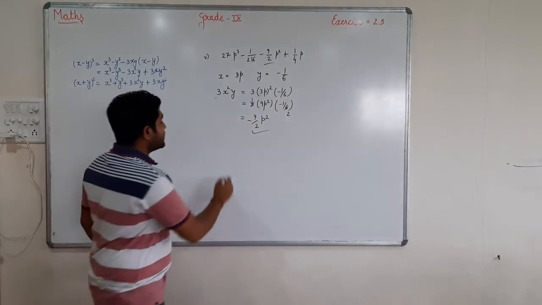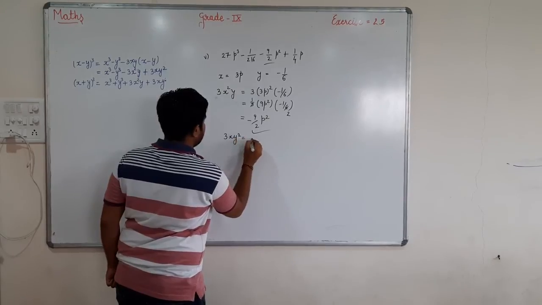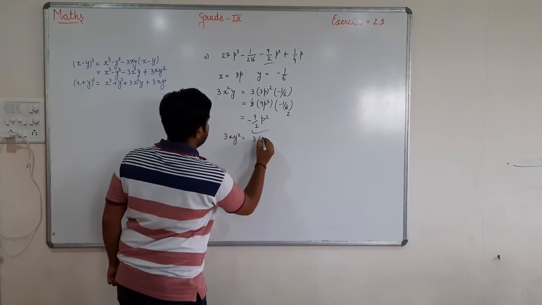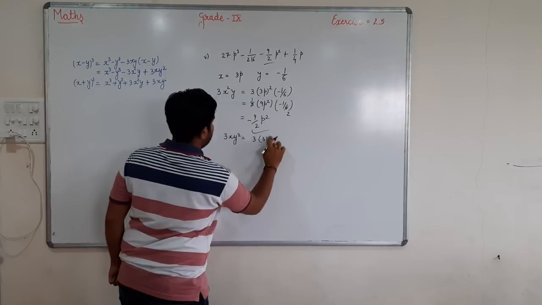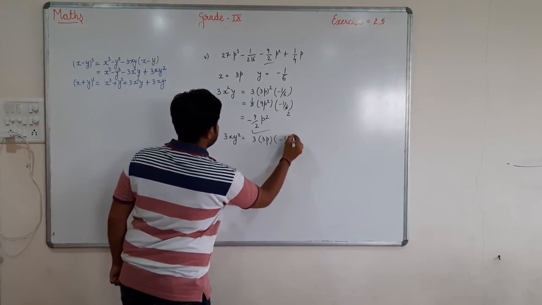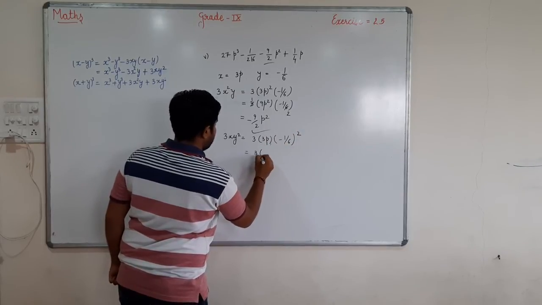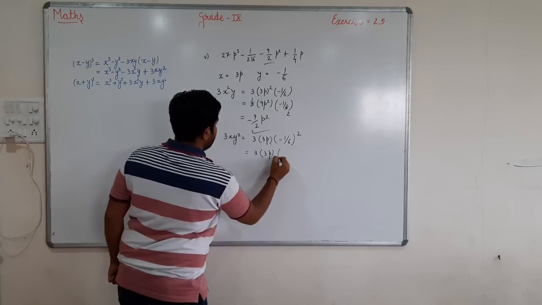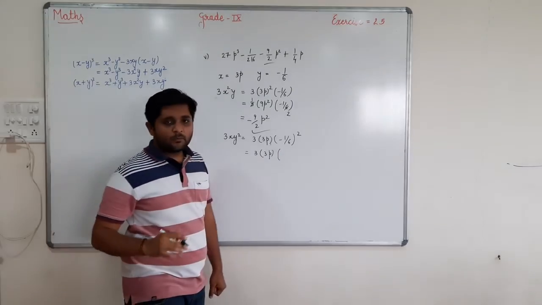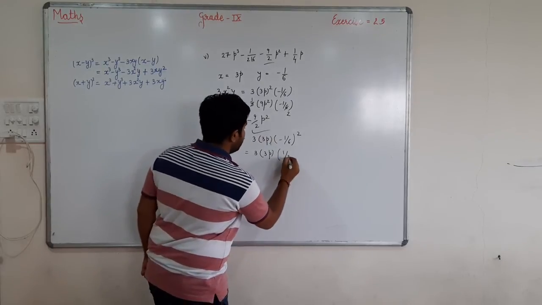Now 3xy square. Our x will be 3p, and y square is equal to minus 1 by 6 square. 3p, minus 1 by 6 multiplied by minus 1 by 6. 6 6s are 36, so it's 1 by 36.